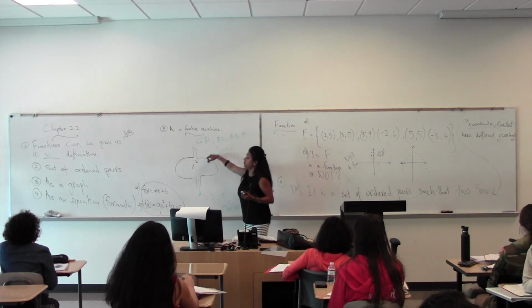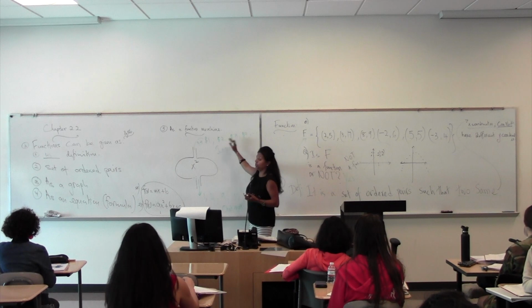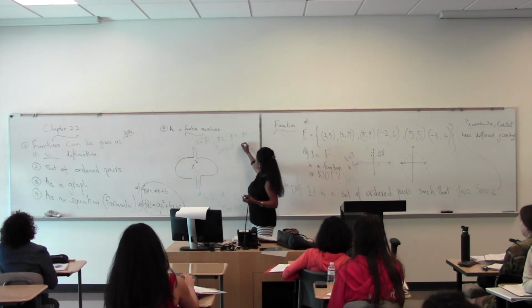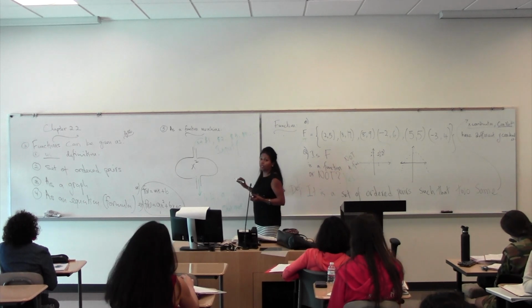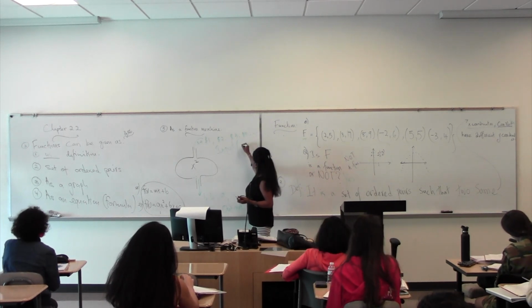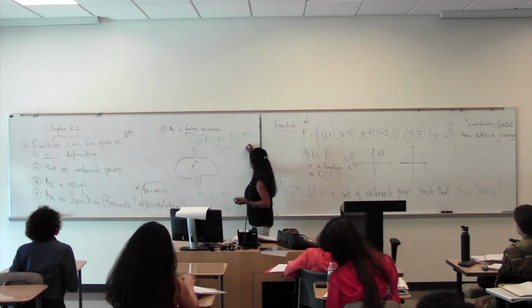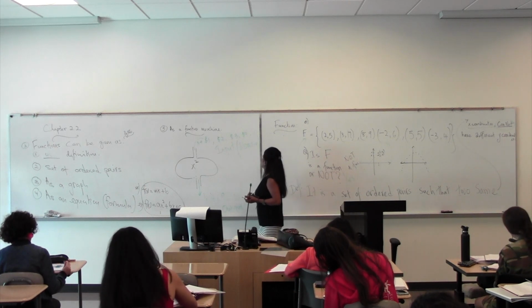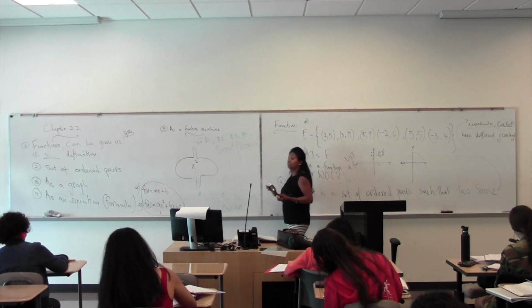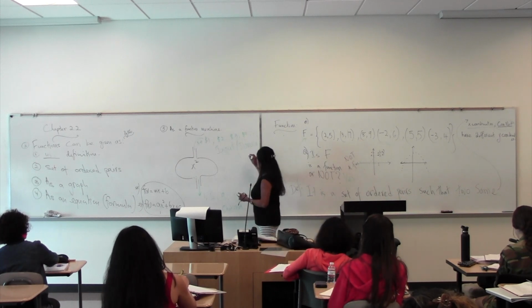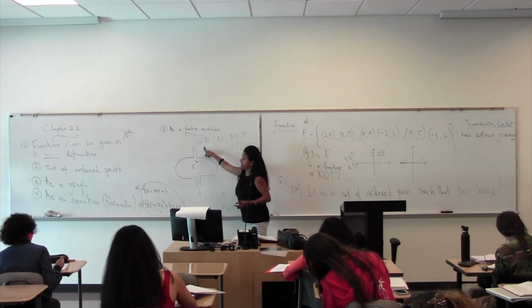So whatever stuff we put inside the machine is called input. Always, input values are called the domain, which is all the possible x values. Domain is, in other words, the x values, right?